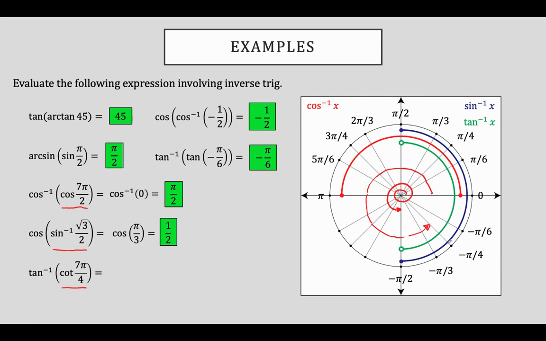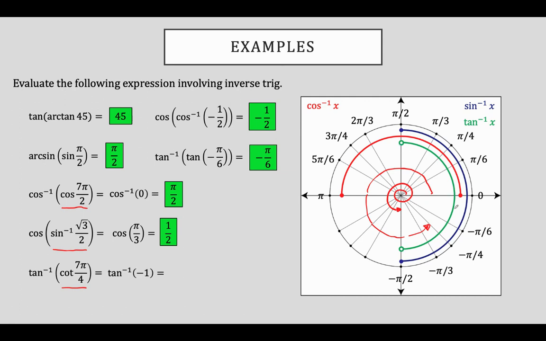All right, cotangent, we take the x-coordinate and divide by the y-coordinate. Notice that they are opposites of each other. That's going to give us -1. This is the inverse tangent of -1. So now I need to find the angle between negative pi over 2 and pi over 2, because that's my range of inverse tangent.